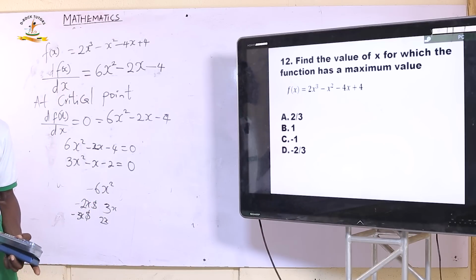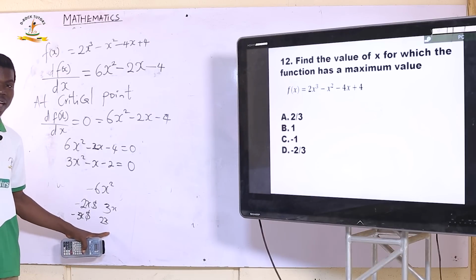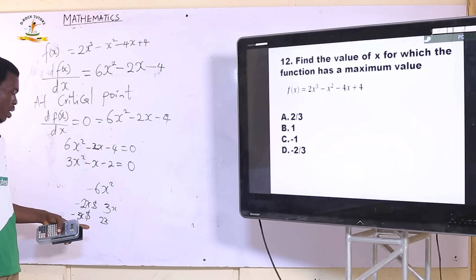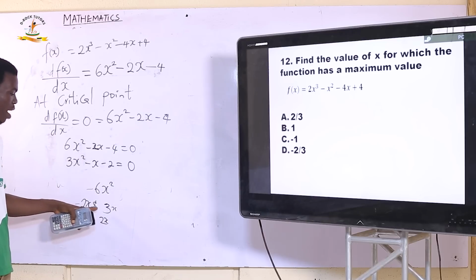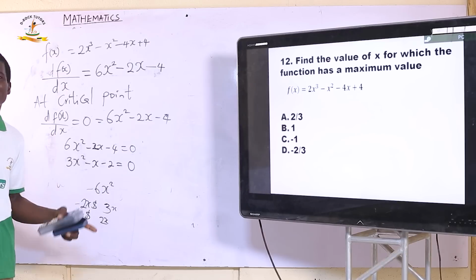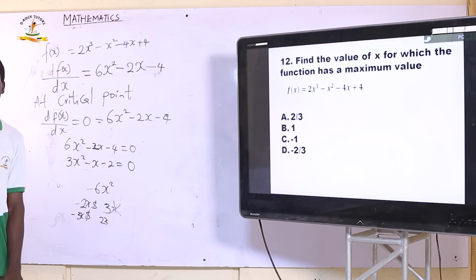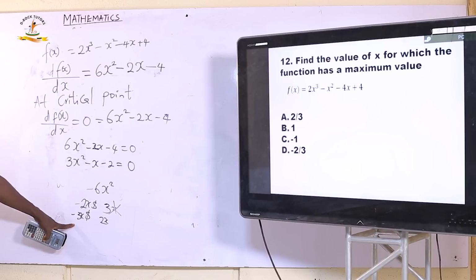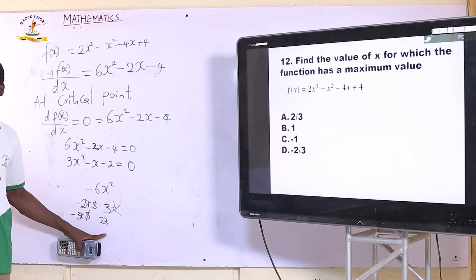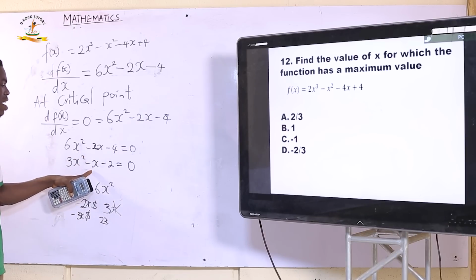However, only one can do this for me. Only one pair I can add together to give me the middle number. And you see, minus 2x plus 3x is just going to give you x. This is not x, it is minus x. So we are going to invalidate this option. We go for the second option, which is minus 3x and 2x.